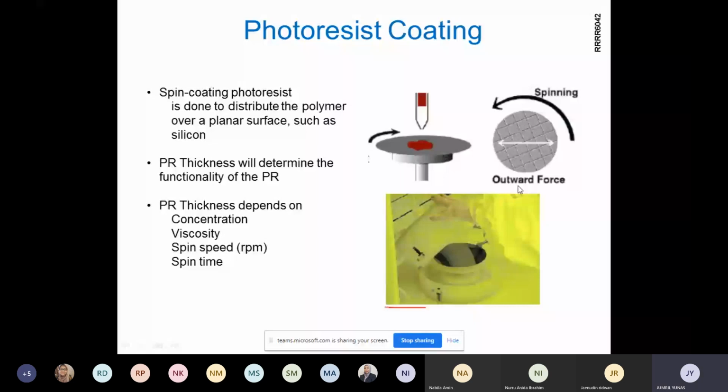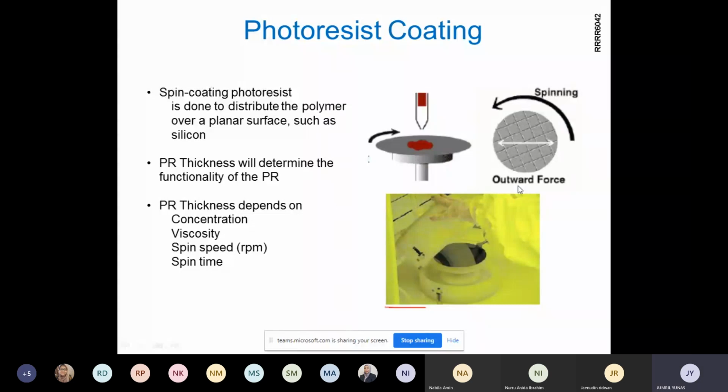So this is how to coat the photoresist. We call it the spin coating process. This is done to distribute the polymer over a planar surface such as silicon, gallium arsenide, gallium nitride, etc. The thickness of the photoresist will determine its functionality.